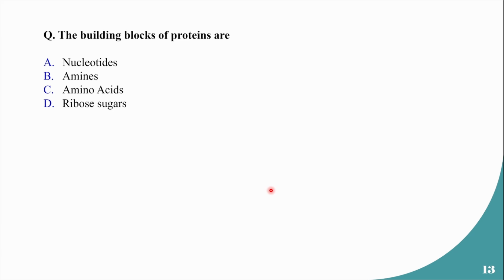So the building blocks of proteins, as we know, are called amino acids, right? What are nucleotides?